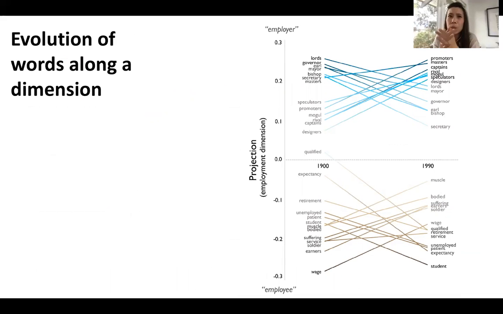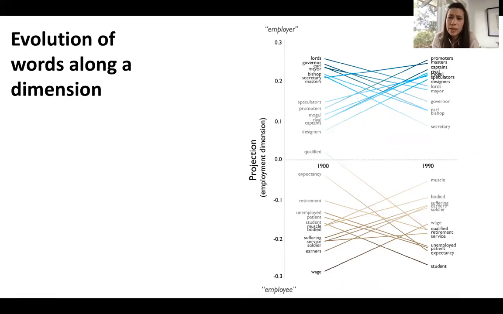But what you can see, at least for the employment dimension that they show, is that in 1900, you've got words such as lords, governor, mayor, earl, bishop, secretary, which originally project quite highly onto the employer dimension and reduce in their projection by 1990, whilst you've got other words like speculators, promoters, mogul, designers that were less closely associated with the word employer at the start of the century, and by the end of the century are much more strongly projecting in this direction.